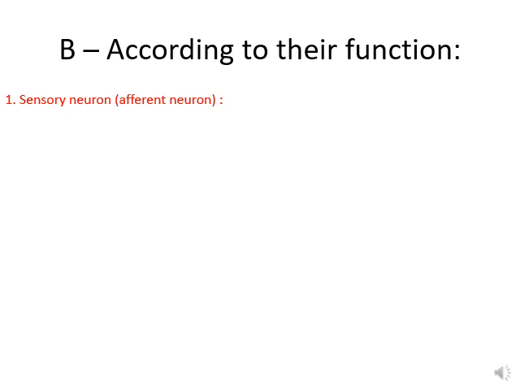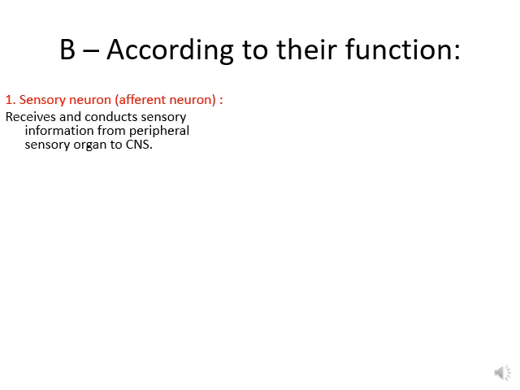According to their function, we have the sensory neuron, called the afferent. It receives the message and conducts the sensory information from the peripheral sensory organ to the central nervous system, toward the brain or the spinal cord.